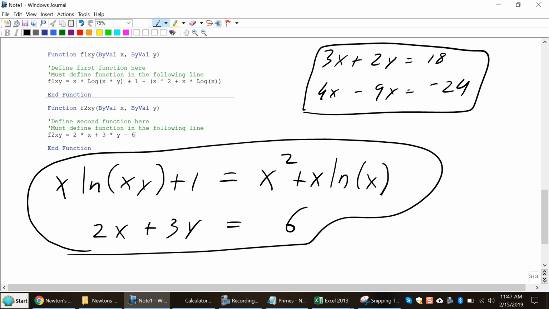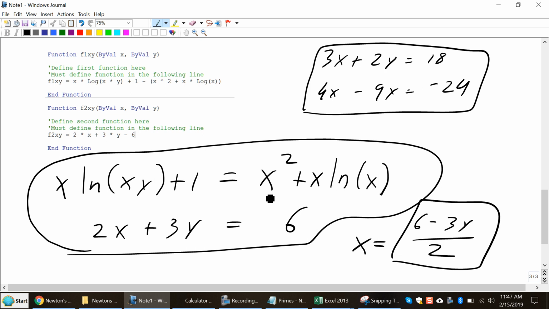Okay, here's one possibility. We're going to start off easy. One possibility is you write one equation in terms of another equation. So you say something like x is equal to 6 minus 3y over 2, right? And then anywhere you see an x, you plug in 6 minus 3y. So do you see how now your whole equation would be written in terms of y?